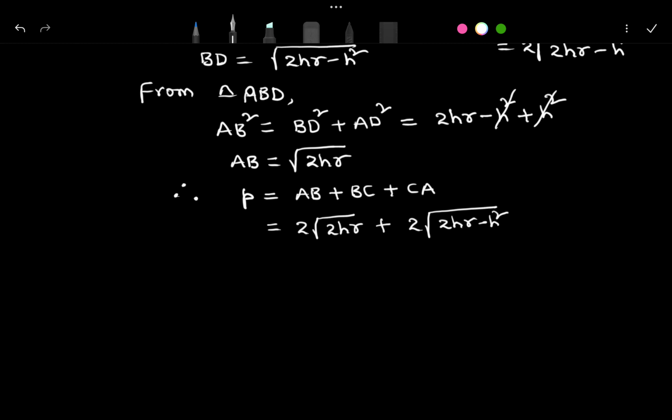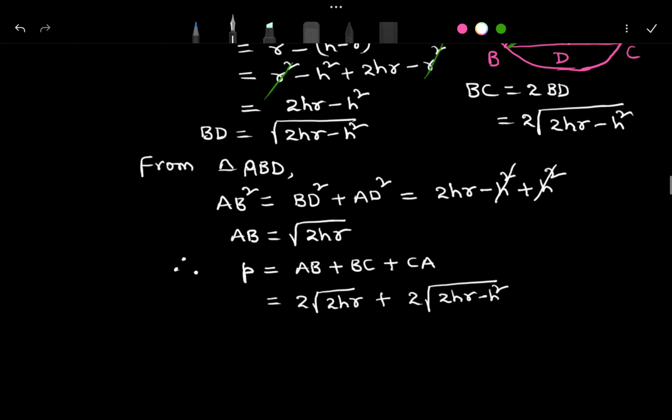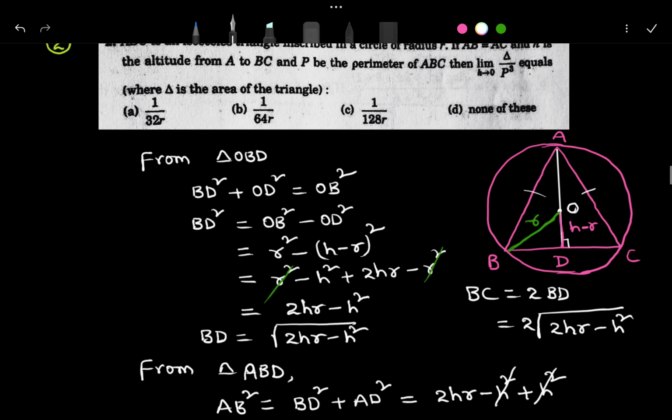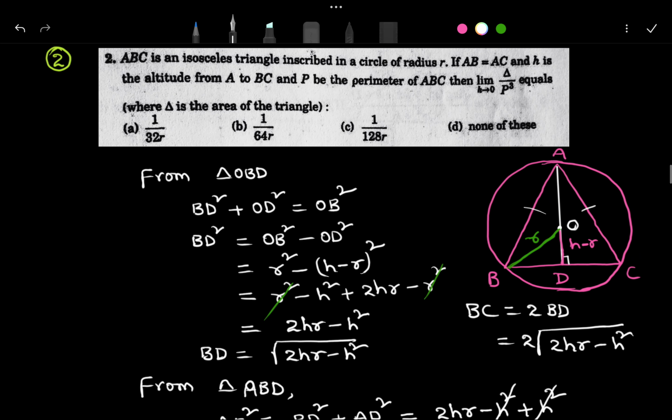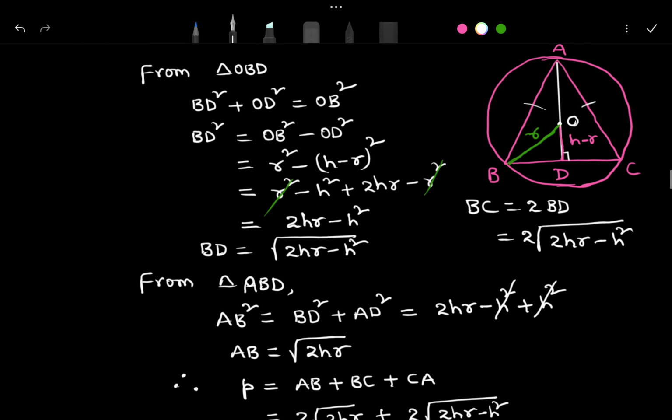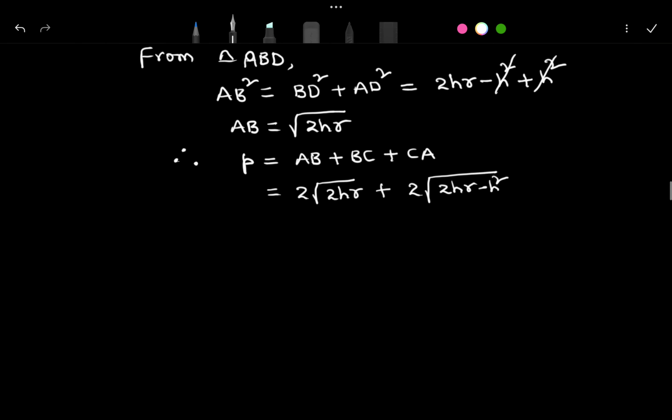After this, what is the required value? Delta is the area of the triangle, which is half into base into height.